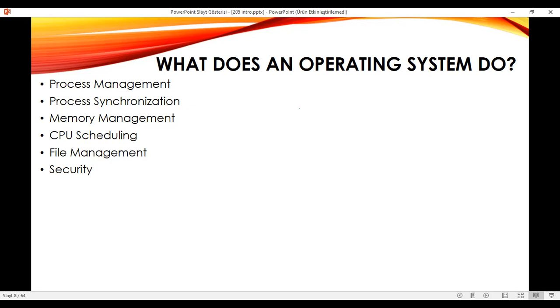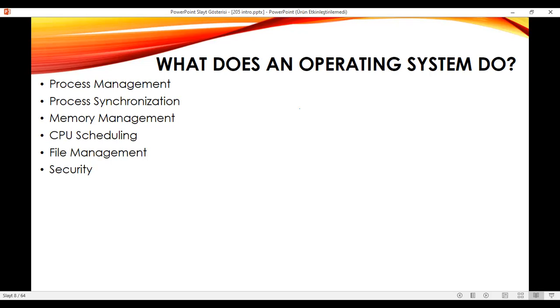An operating system can do process management, process synchronization, memory management, CPU scheduling, file management, and security. The process management I explained to you is just managing the processes: which process will run, which process should wait, which process should be next.